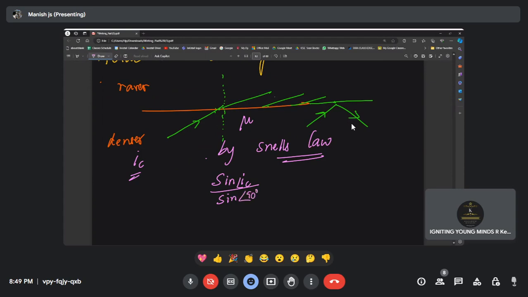Sine IC upon sine 90 is equal to the relative refractive index, because the light ray is traveling this time from denser to rarer medium. So I can write it as n to 1.